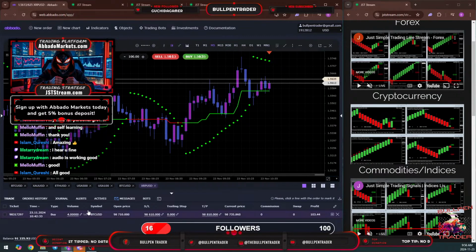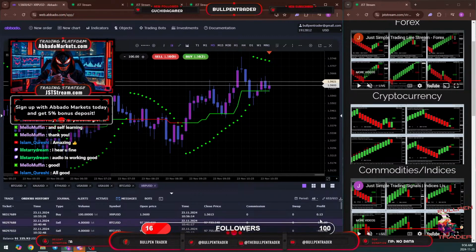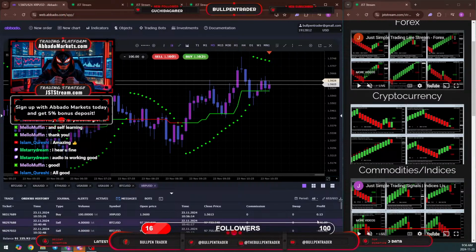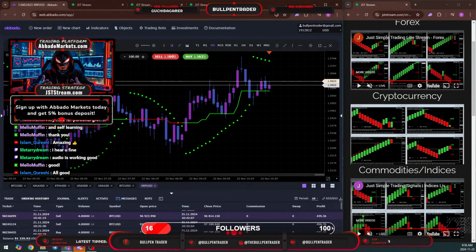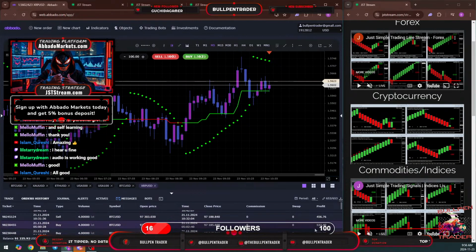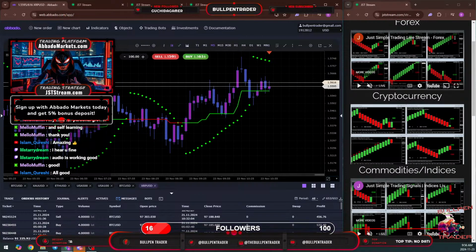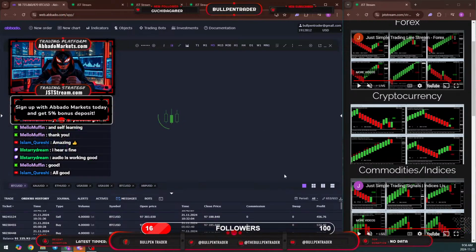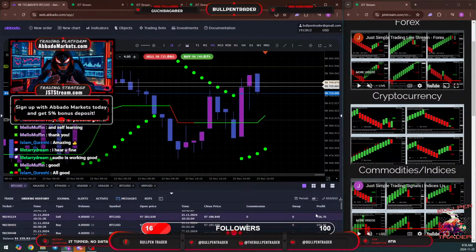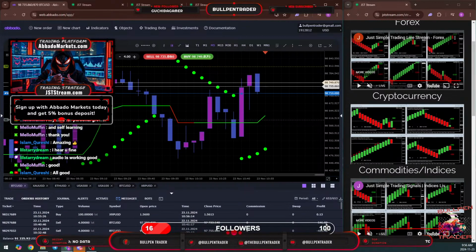For example, when you close a trade and it goes into loss, you're going to see something like negative 546. And when it goes into profit, it's not going to say plus, it's just going to say 532 or whatever. It's just going to say the number there, not the negative or anything like that.